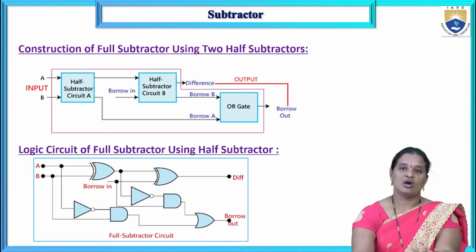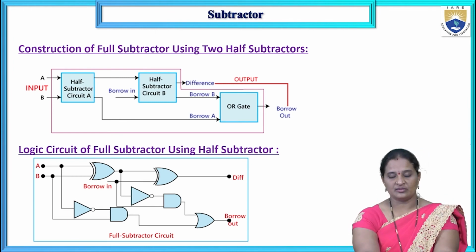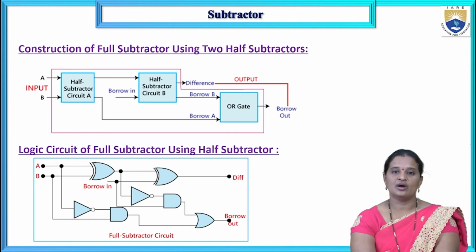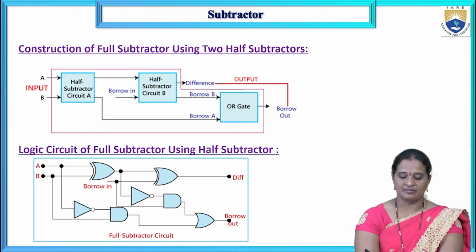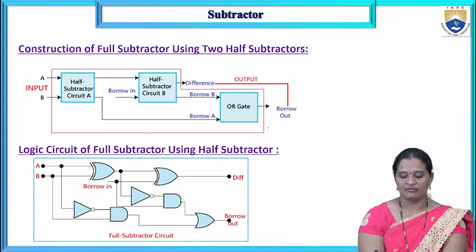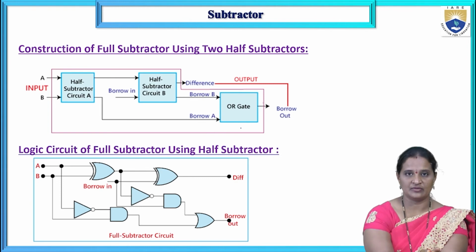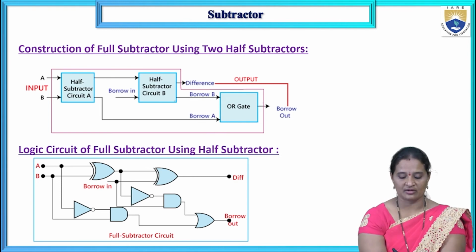Similar to implementing a full adder using 2 half adders, we can also implement a full subtractor using 2 half subtractors. So this is the block diagram for implementing a full subtractor using 2 half subtractors. This is 1 half subtractor.